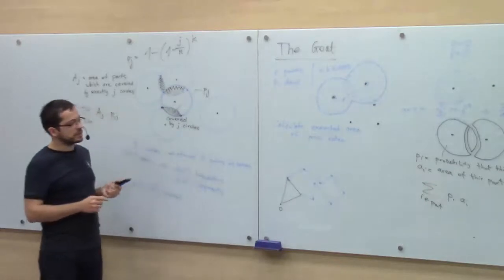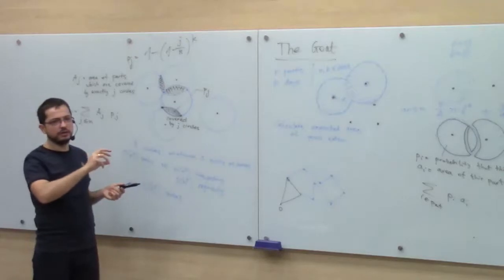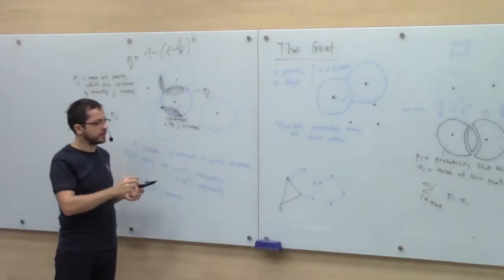And we do this in such a way that we need the directed area of this triangle.